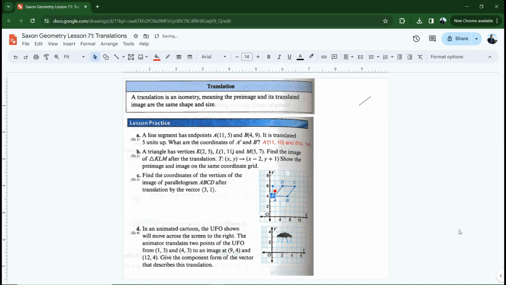The next one's at 1, which is halfway between 0 and 2, and then all the way up to 11. Now I'm just going to have to estimate where 11 is going to be because it's going to be off the chart. Here's 9, here's 10, and 11 is probably right there. And then lastly, we're going to do (5, 7).